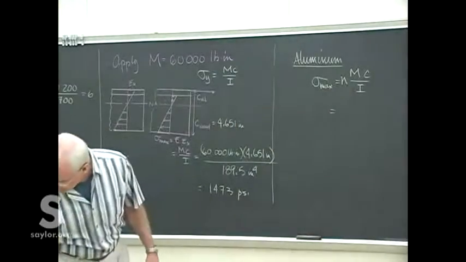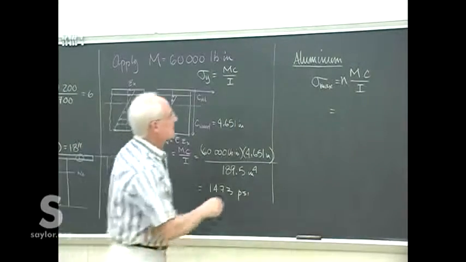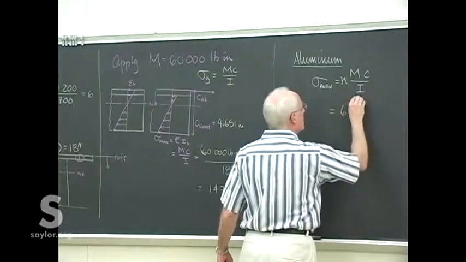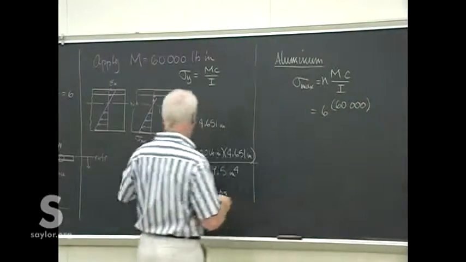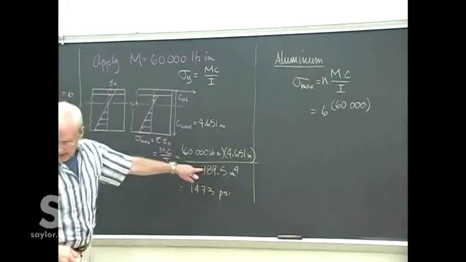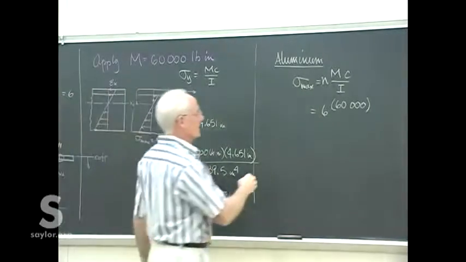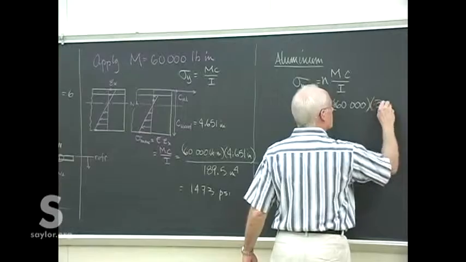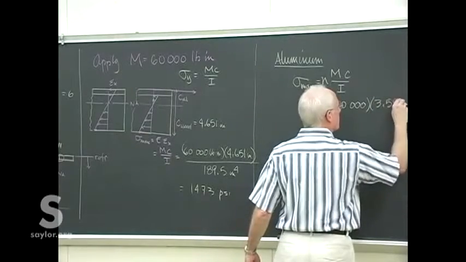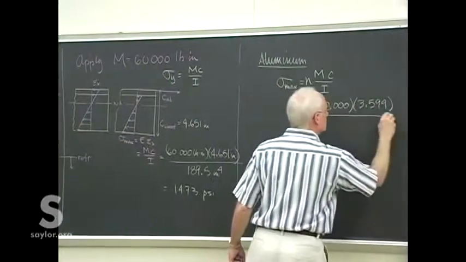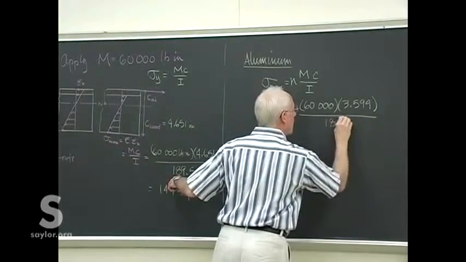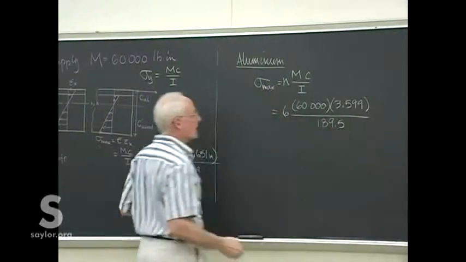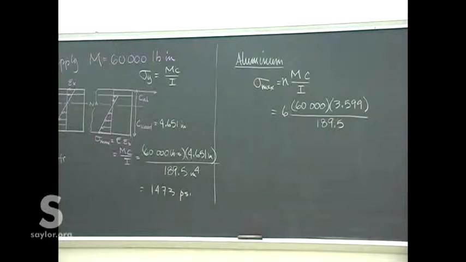So N was 6, M is 60,000. We already know what the units are going to be. Y bar is all that goes in here, 3.599. And I is the 189.5. And we already know what the units are going to work out to because N is unitless.